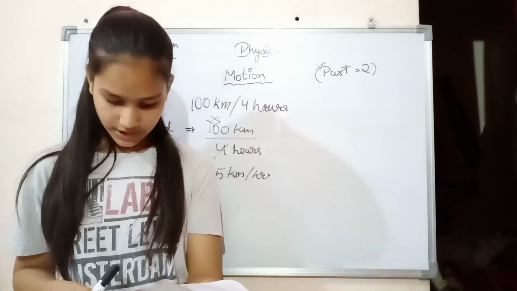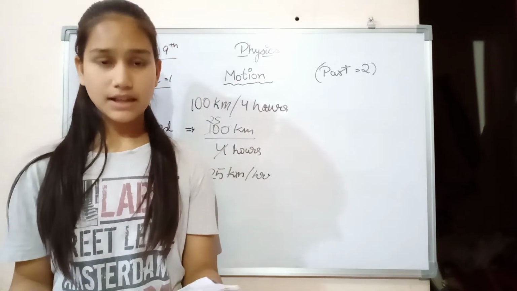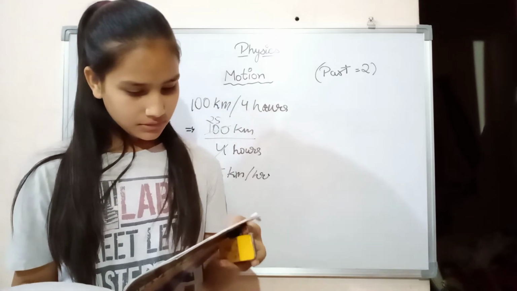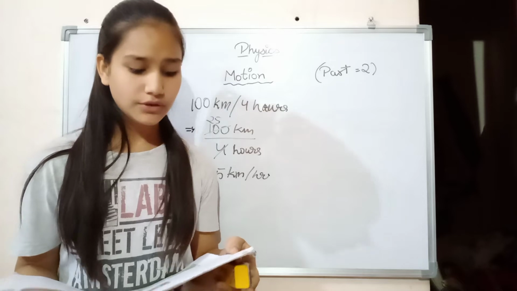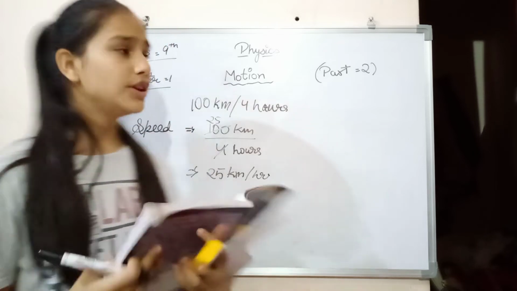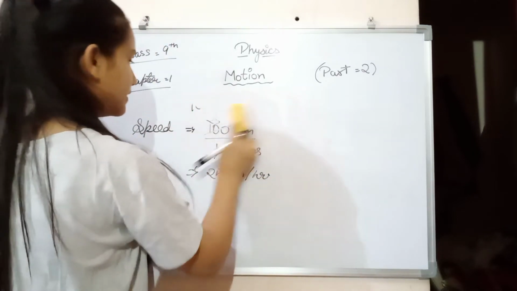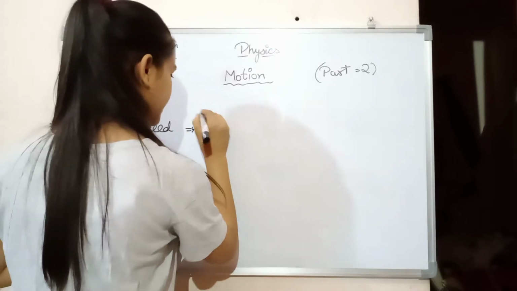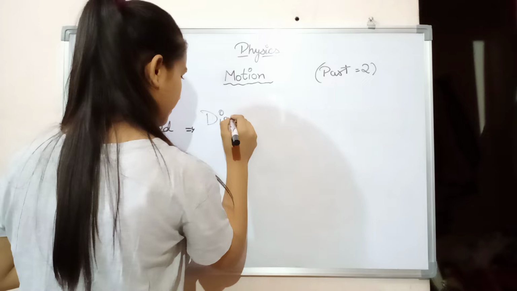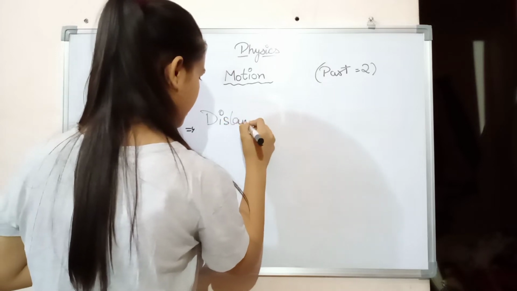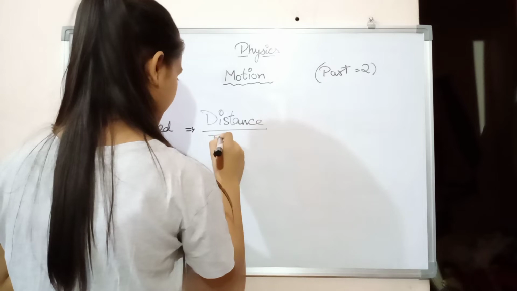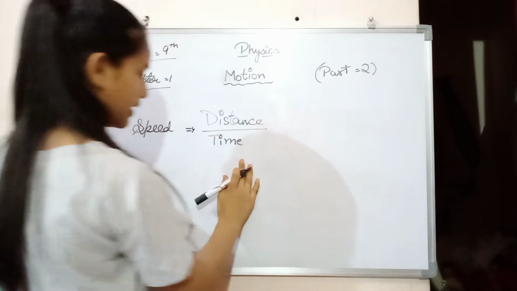So we have found how we can calculate the speed of a moving object. Now, what is the SI unit of speed? We know that the formula of speed is distance upon time, right?